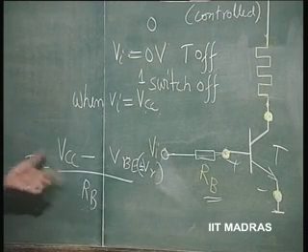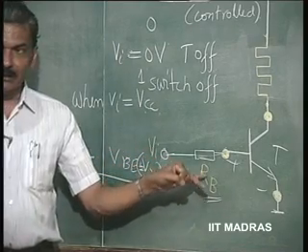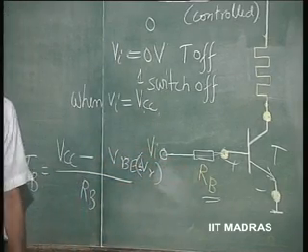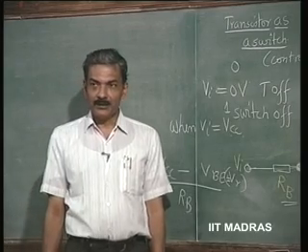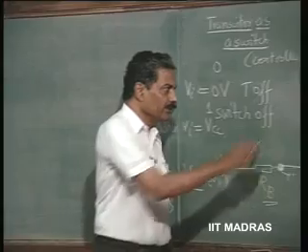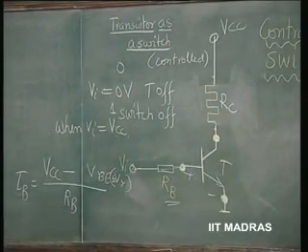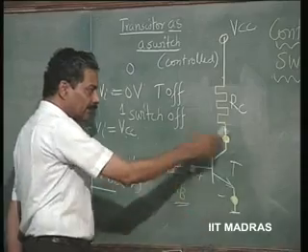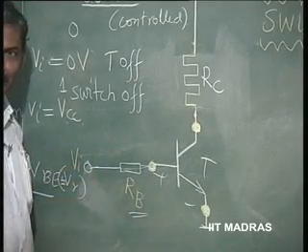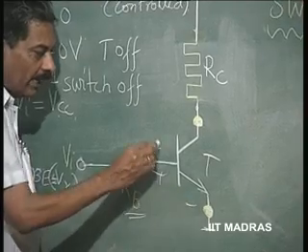What is the current which you will select? When such a current flows through this transistor, the transistor should go to saturation. It should not remain in the active region. Let us assume that this resistance is RC. So, if the transistor is going to saturation, then both junctions will have to be forward biased.